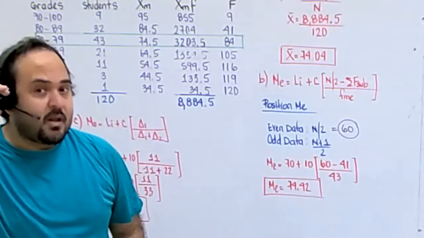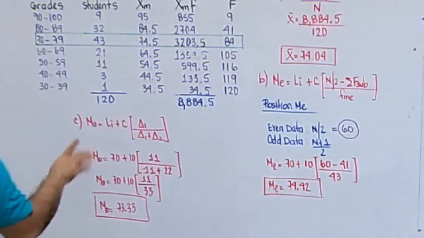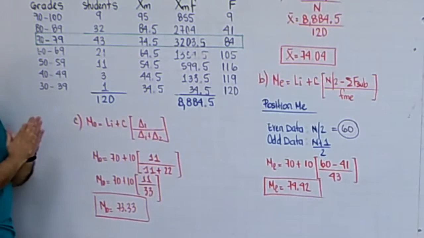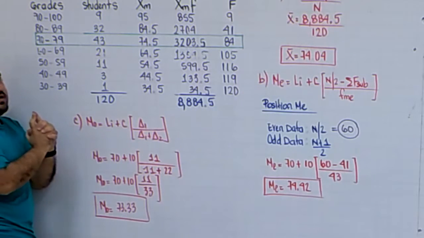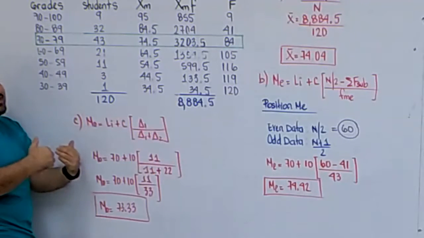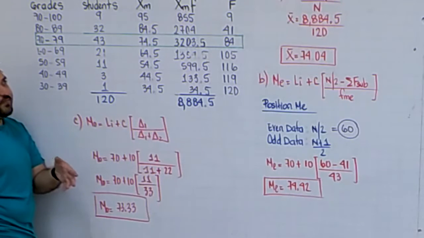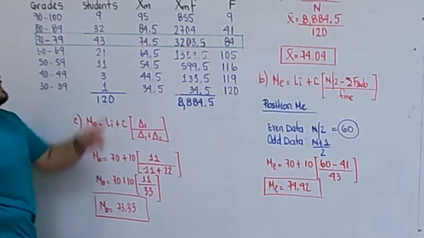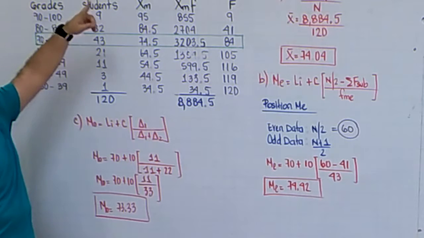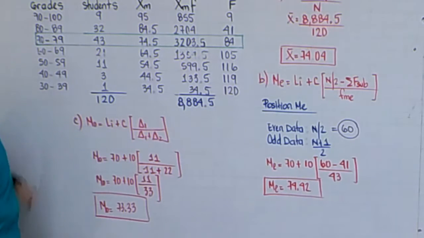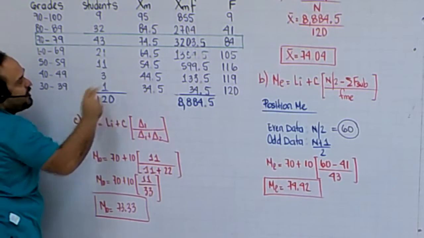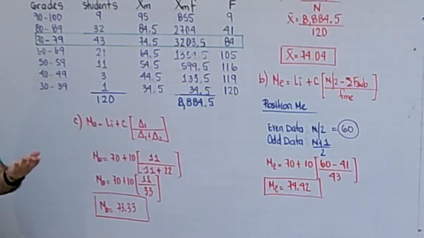Yes, mister. Okay. And how about the mode? With the mode, the concept is the data or the number which repeats at the highest frequency. What frequency am I talking about? The absolute frequency, I mean the cursive letter f, okay? But this time, we have 9, 32, 43, 21, 11, 3, and 1, and we have a coincidence.